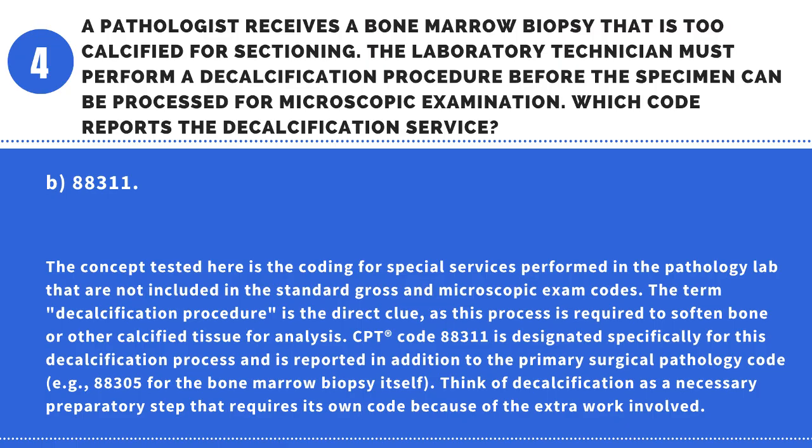CPT code 88311 is designated specifically for this decalcification process and is reported in addition to the primary surgical pathology code, e.g., 88305 for the bone marrow biopsy itself. Think of decalcification as a necessary preparatory step that requires its own code because of the extra work involved.